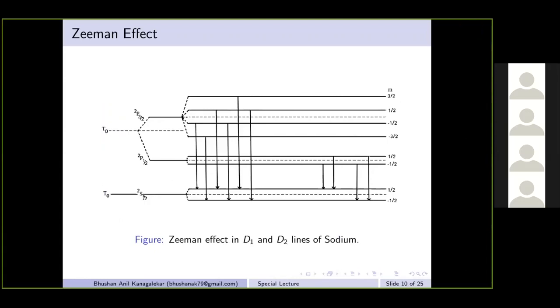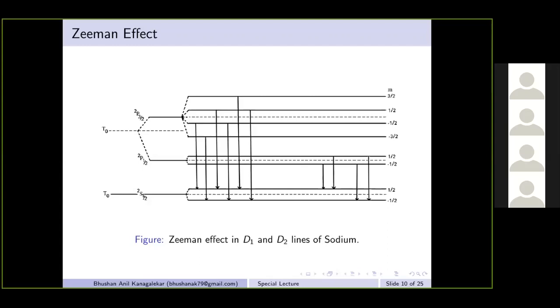You can see here this set of levels is 1/2 to minus 1/2, minus 1/2 to minus 1/2, 1/2 to 1/2, and minus 1/2 to 1/2. These are levels for this 2P1/2 to 2S1/2 transition, which is the D1 line. So we'll get four transitions for these with different energies.